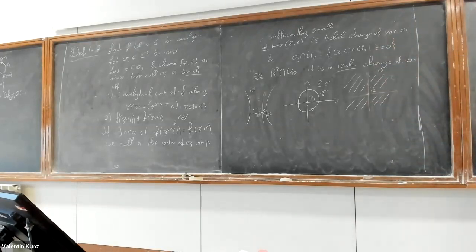P is a point in sigma. And so now we have this local coordinate change. And we say that sigma j is a branch if and only if.